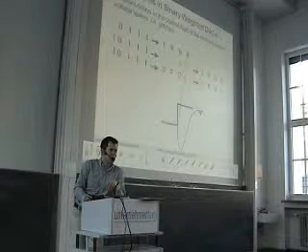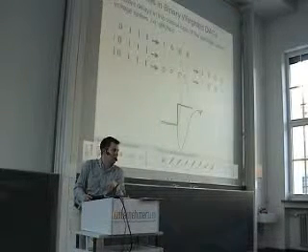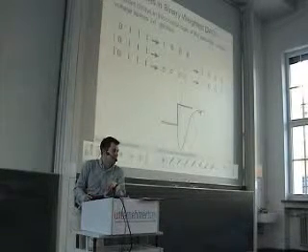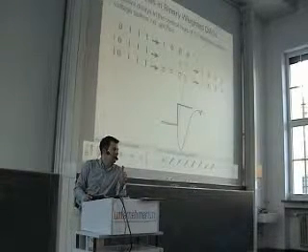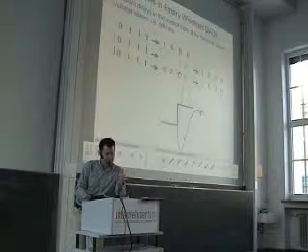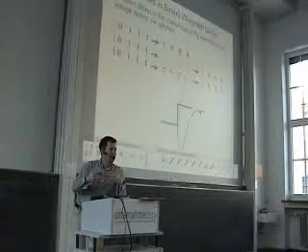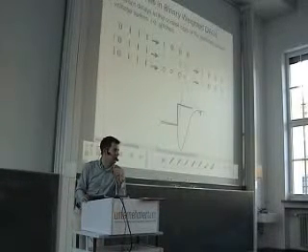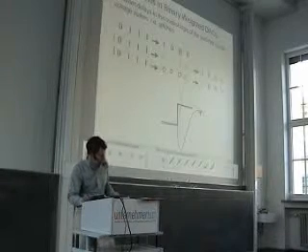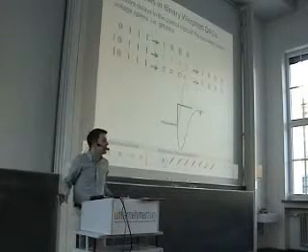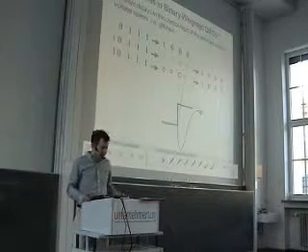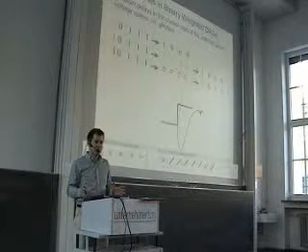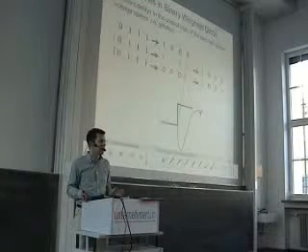What can you do in order to get rid of these glitches? What is the requirement? When do the glitches occur? The glitches occur if we have a delay difference or delay uncertainty of these signals. How can we get rid of this? Well, think simple. The requirement is that all signals have to switch at the same time. How can we assure that all signals switch at the same time?